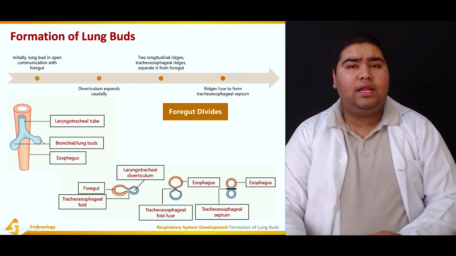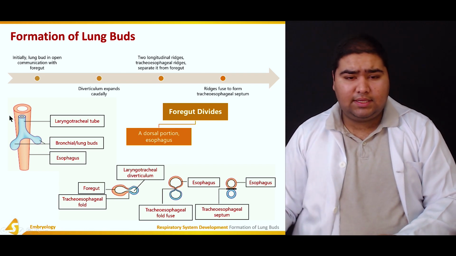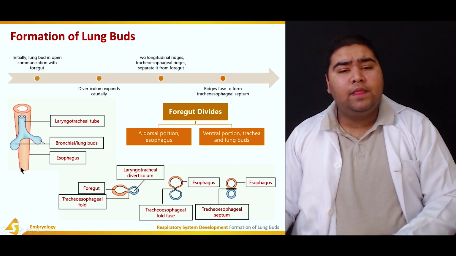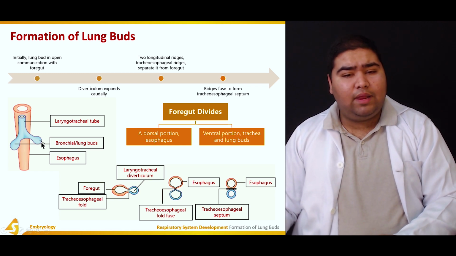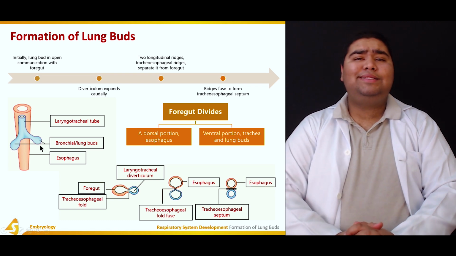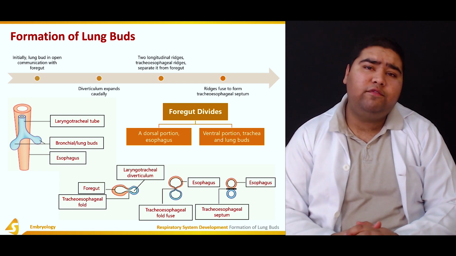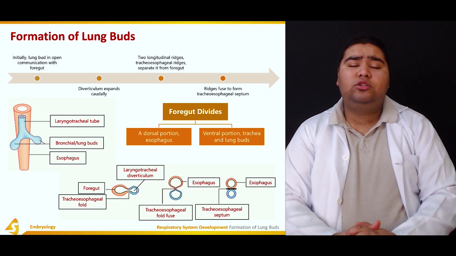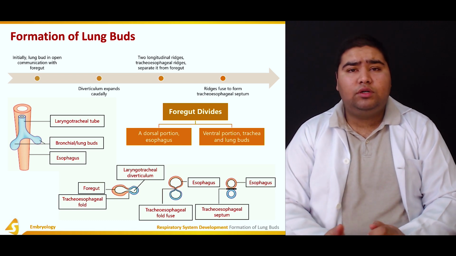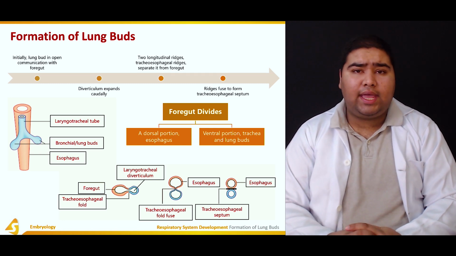So the foregut now divides into a dorsal portion, which is the esophagus, and a ventral portion, which is the trachea and the developing lung buds. So in this section, we saw how a lung bud develops from a developing foregut. The important thing to remember was that the lung bud develops from the ventral foregut in a fourth week embryo.